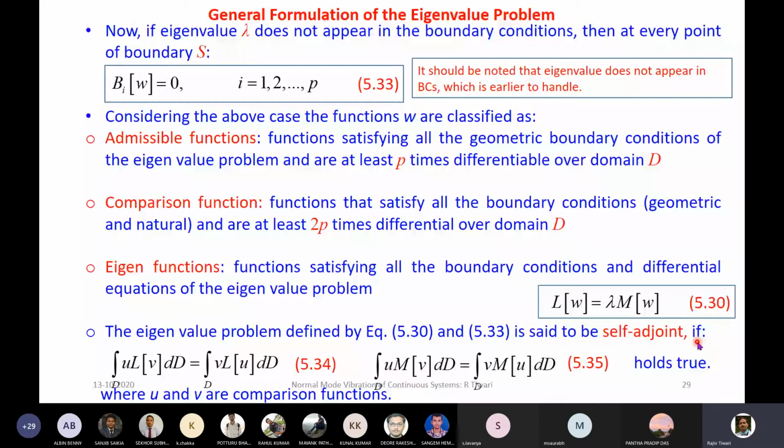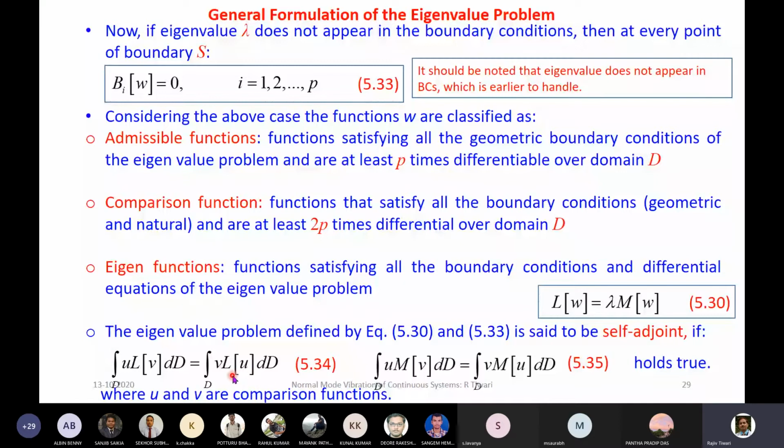We can define the self-adjoint property as follows. Let us say u and v are two comparison functions. If the integral over the domain of u times L operator on v is equal to, after swapping the functions, v times L operator on u, then the L operator is self-adjoint.